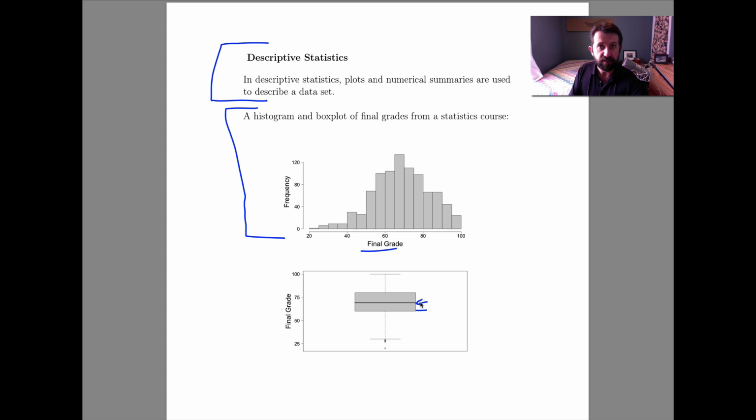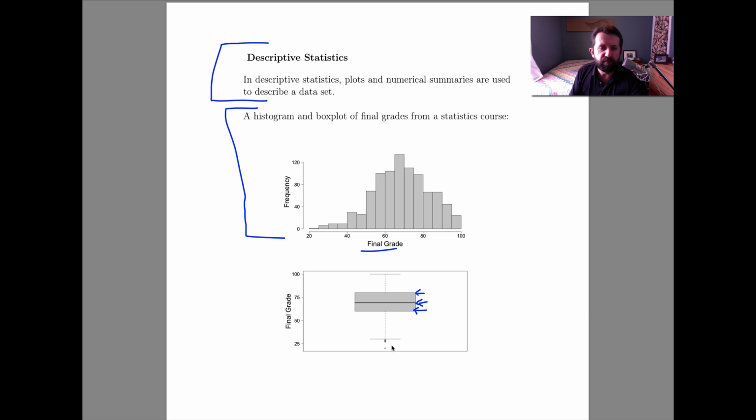That median is the middle value in an ordered list of the observations, right? Down here at the bottom of the box is what we call the 25th percentile. So 25% of the observations are here or lower. Up here is the 75th percentile, so 75% of the observations are here or lower.